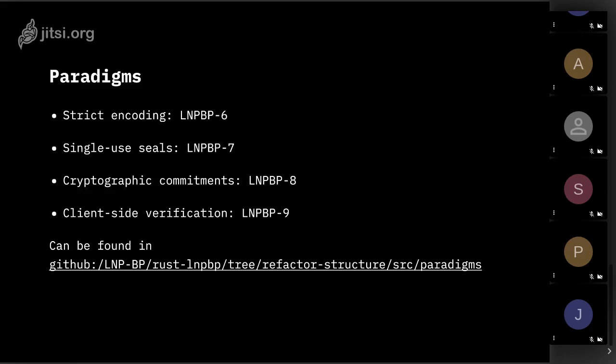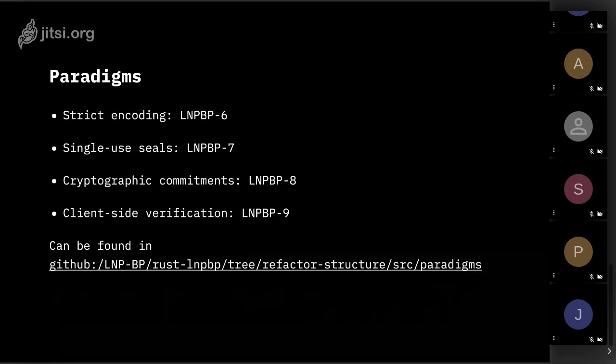However, if you have the original message and, in the case of the embed-commit scheme, a proof, you can use them to deterministically make sure that there was a commitment, that the party who created the commitment knew that message at some time in the past. Basically, that's what cryptographic commitments are about.